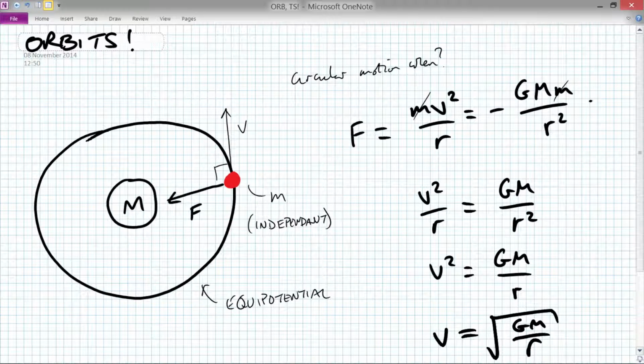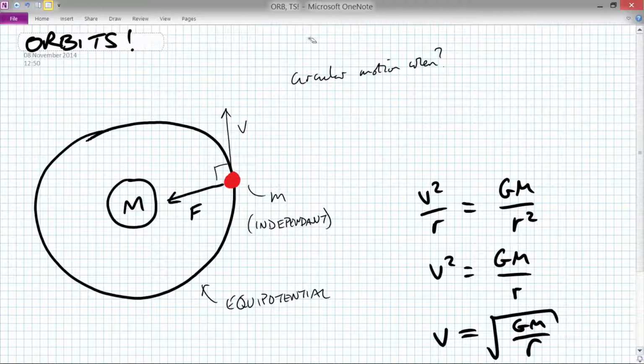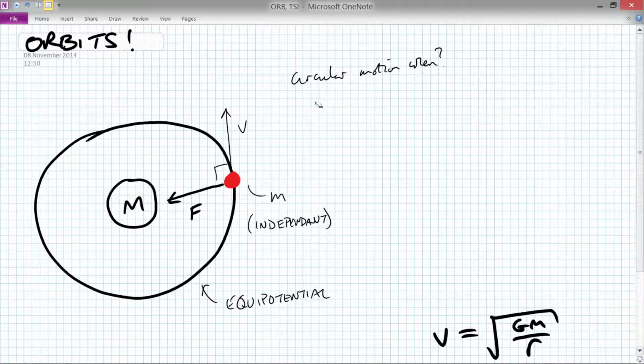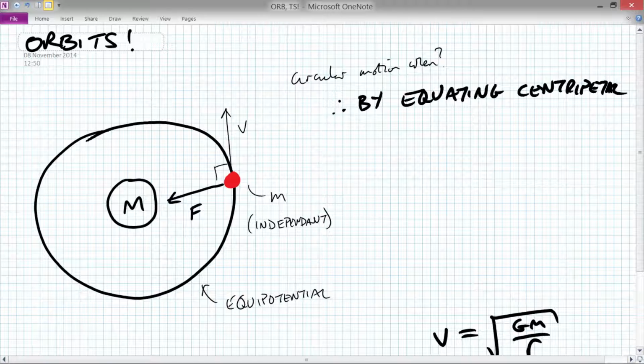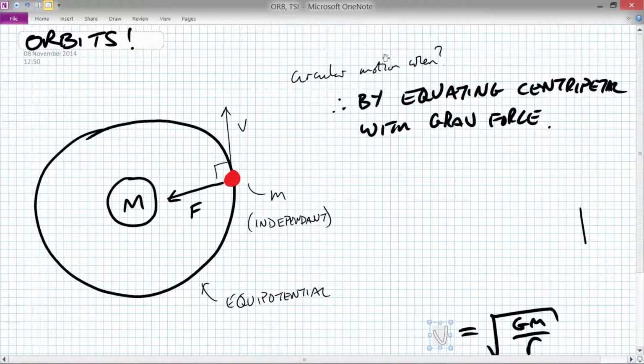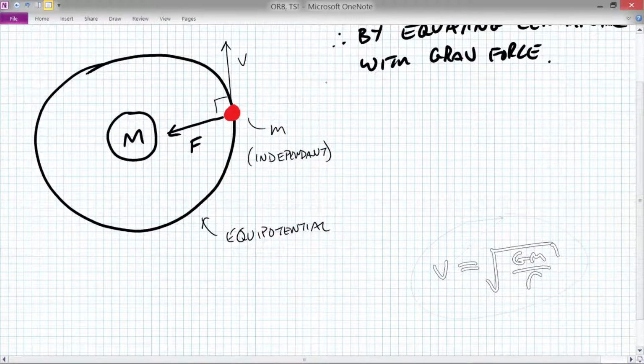Lovely. So now we know what my orbital velocity is. All we did was equate those two forces: by equating the centripetal force for a mass m at velocity v with the gravitational force, a la Newton, we arrive at this equation for linear velocity.